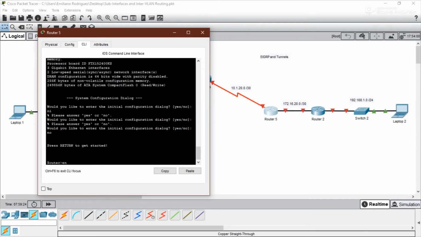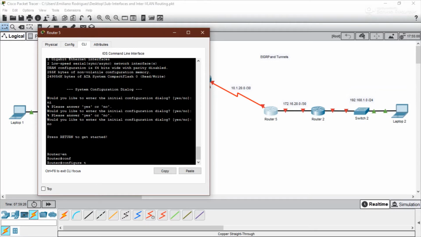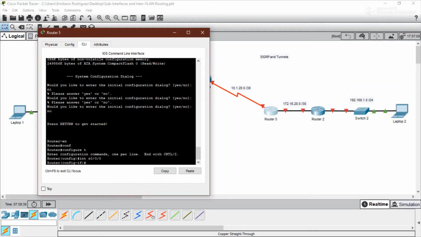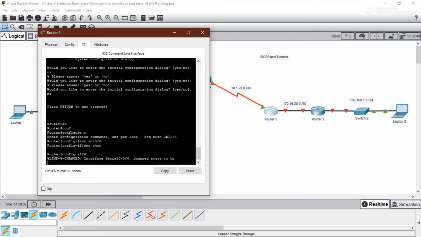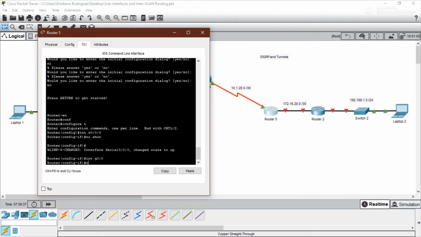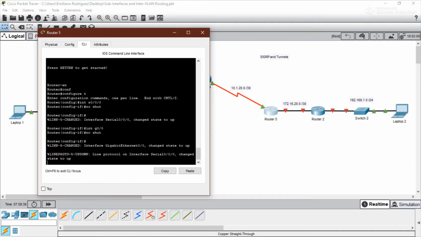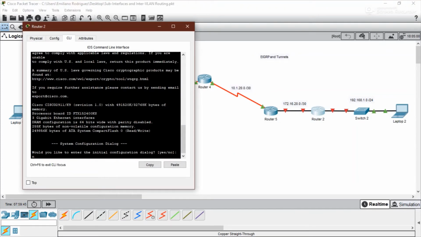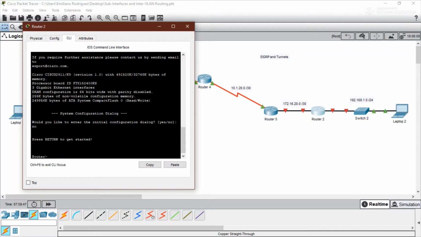Router 5 is using serial 0/0/0 and gig 0/0, and router 2 is using gig 0/0 and gig 0/1.